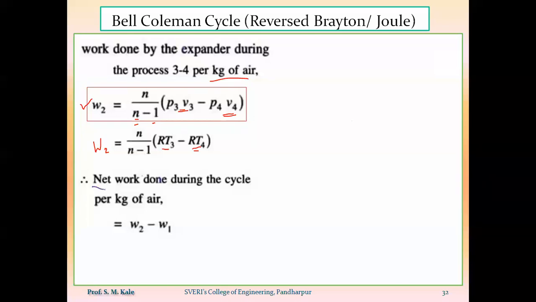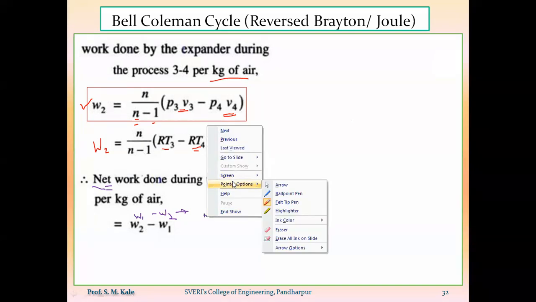When you calculate the net work done, what should you actually take, because we need to see which work is higher. Our work supplied on the system, or work done on the compressor, has a higher value as compared to work obtained from the expander. So here, as we are supplying the work, because this device is a work consuming device, for a work consuming device work supplied will be considered as negative, whereas work obtained will be considered as positive.